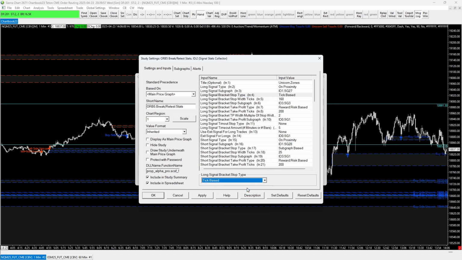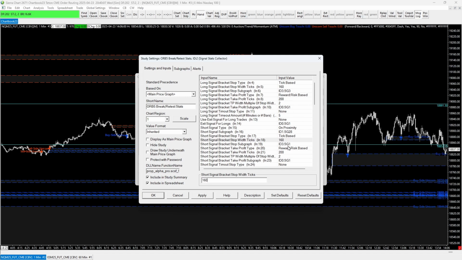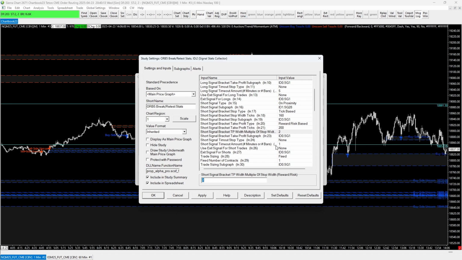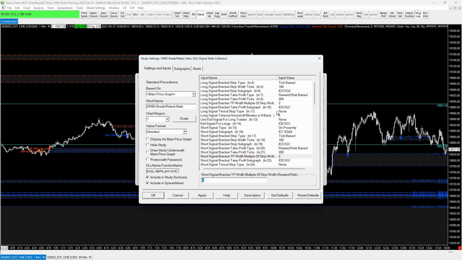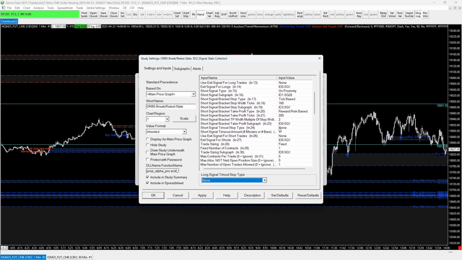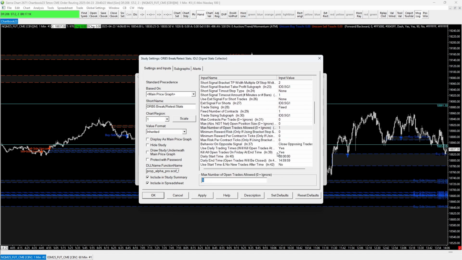Sorry, I want that to be tick based, R based. Play around with the subgraphs in a bit, and maybe playing around with looking at PA zigzag or whatever. Okay, I don't want to signal timeout. One contract. Those opposing trades.